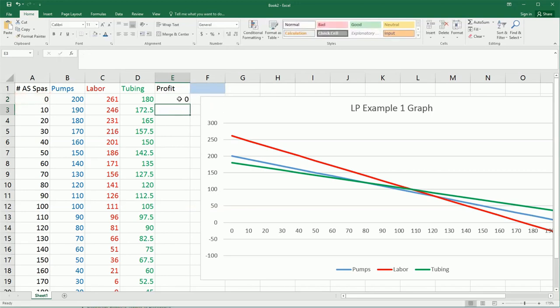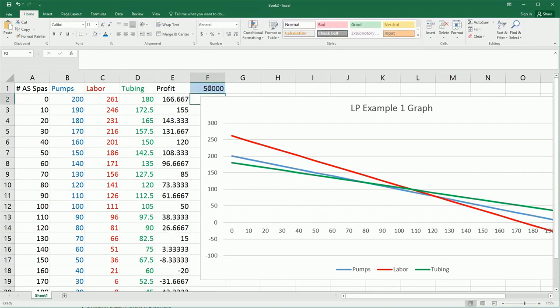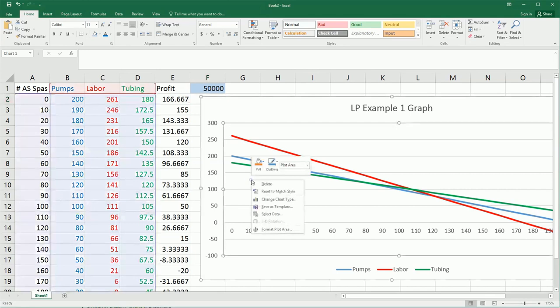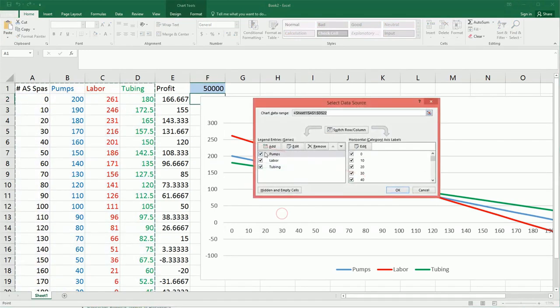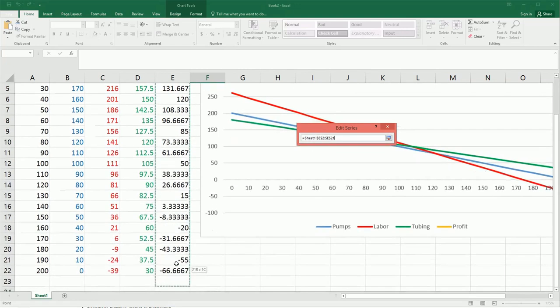I hit enter, and now I drop that all the way down. And now I just enter my profits. So if I want profits of $50,000, then this will tell me the amount of profits. And so this will tell me my value of x2. And so I'm going to come over here to select data, and I'm going to add a new line, a profit line with the values right here.